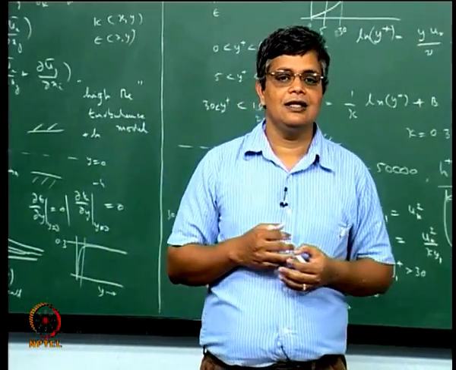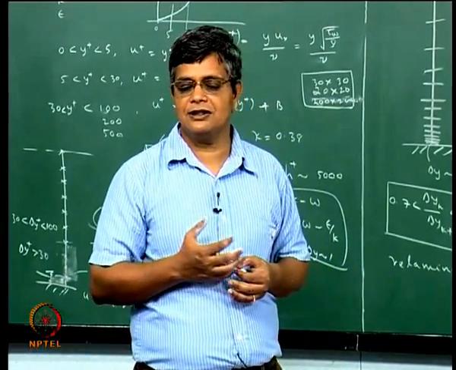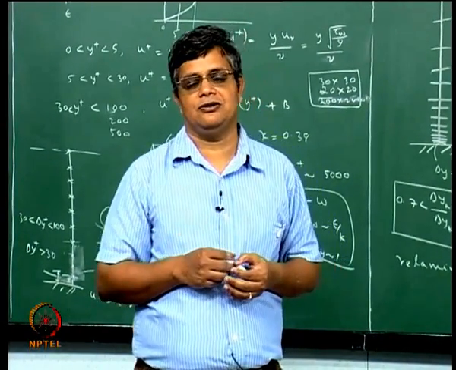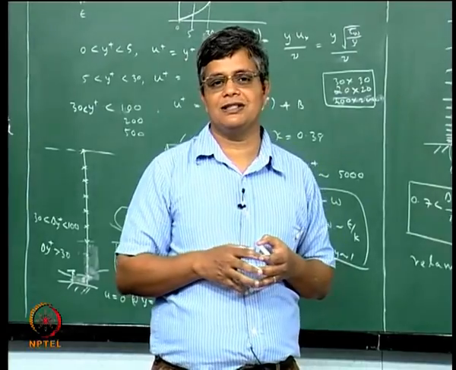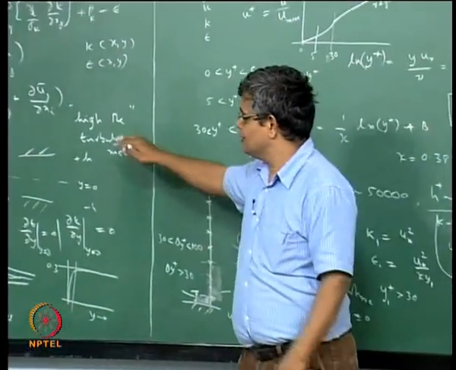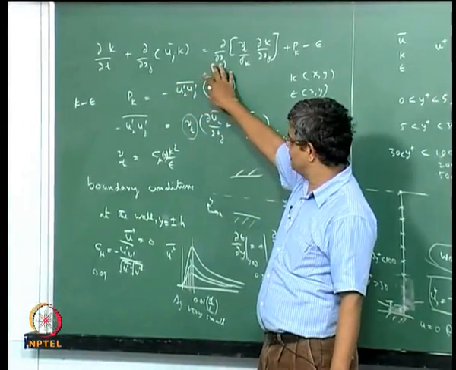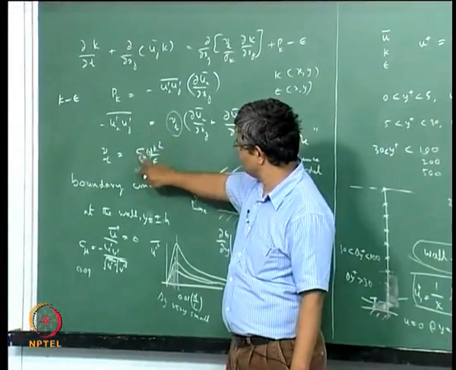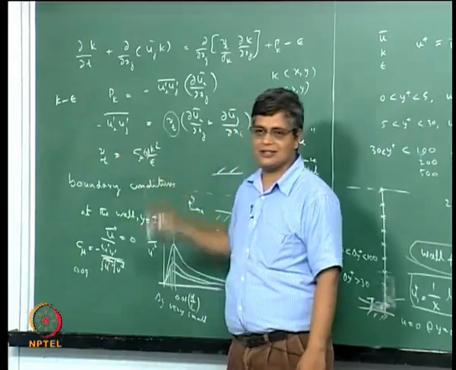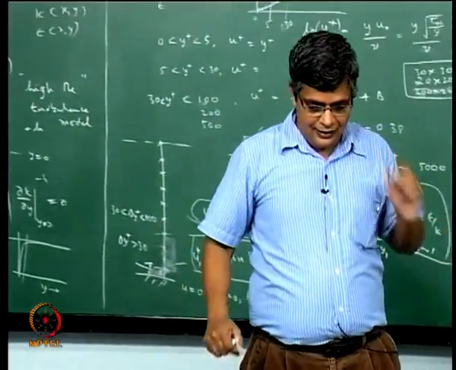So if we have such information, then we can make use of those ad hoc fixes to the constants that go into the determination of k and epsilon as a function of x, y, z, and then the corresponding determination of the turbulent viscosity and so on.